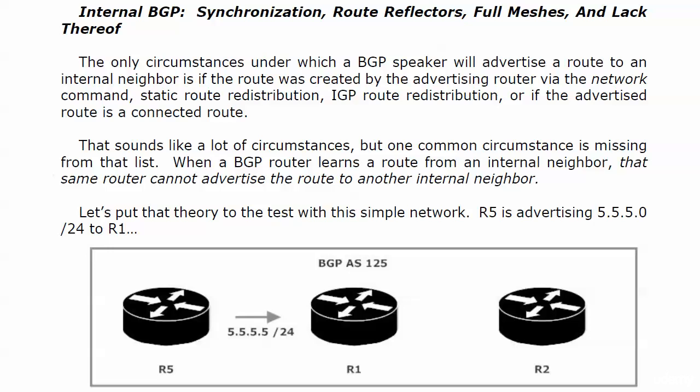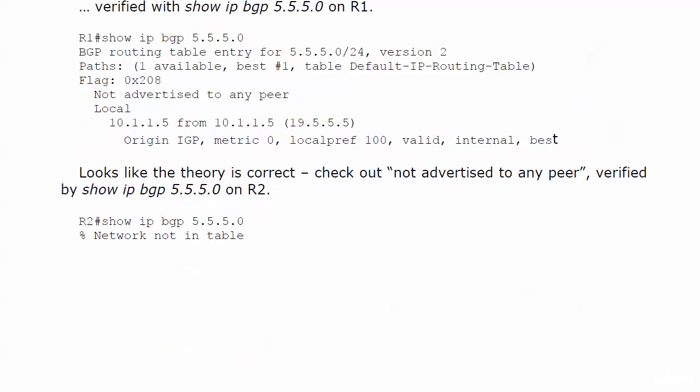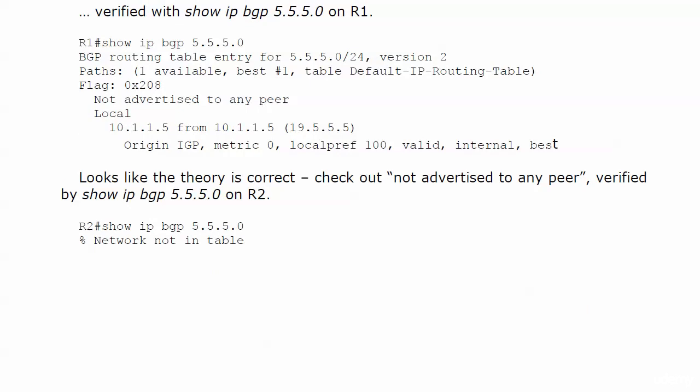And I put that theory to the test here for you by putting routers 1, 2, and 5 in BGP AS125. Router 5 is advertising 5.5.5.0/24. We verify that with show ip bgp 5.5.5.0 on router 1. And there it is, no problem whatsoever. We see valid, internal, best. Everything's just fine.